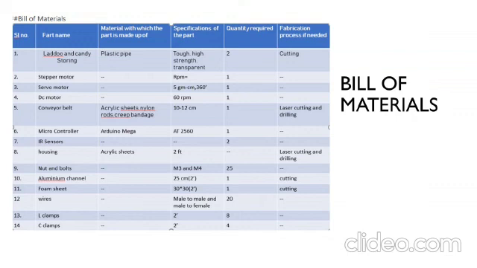And the fabrication process again would be laser cutting and drilling. 25 nuts and bolts of M3 and M4, an aluminium channel of 25 cm and a foam sheet of 30 x 30 cm. Both would undergo a process of cutting. Next, for the connections, 20 male to male and male to female wires. 8 L clamps of 2 feet, whereas 4 C clamps of 2 feet.